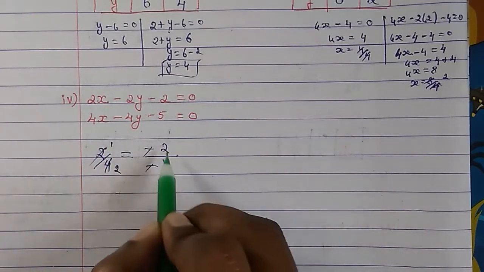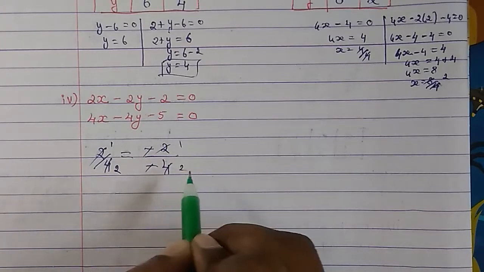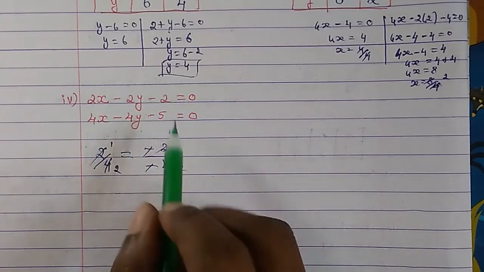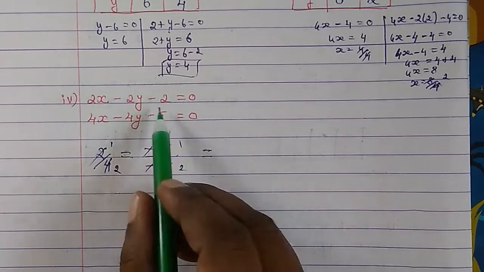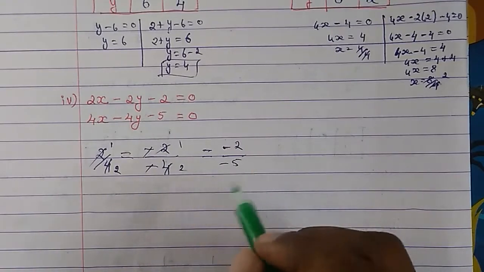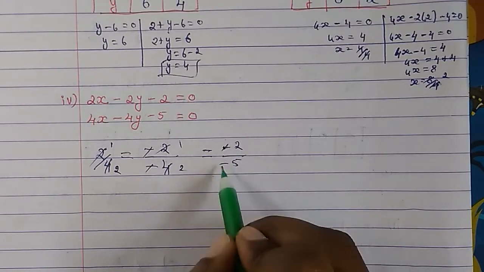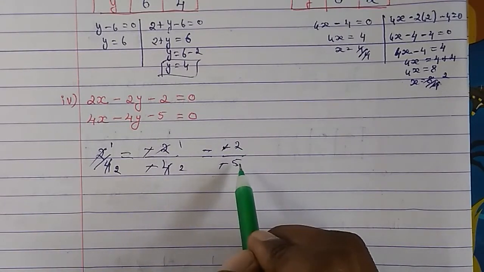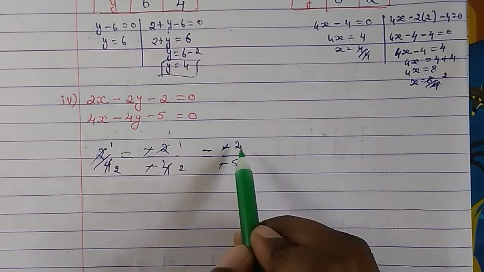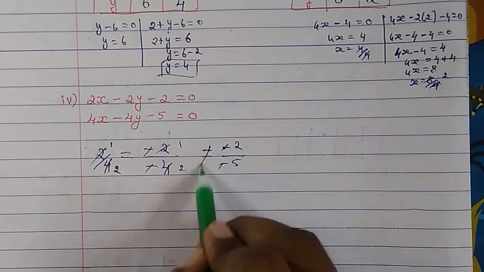This minus gets cancelled, 1 time 2, 2 times 4. So we got 1 upon 2, here also 1 upon 2. So both are equal. So let's compare the third one now. This is minus 2 and this is minus 5. The minus gets cancelled, but this is 2 upon 5. Here we have 1 upon 2, but here we have 2 upon 5. So which is not equal.